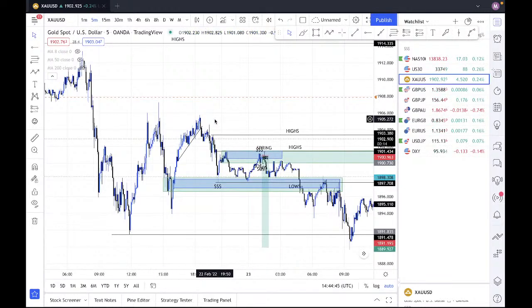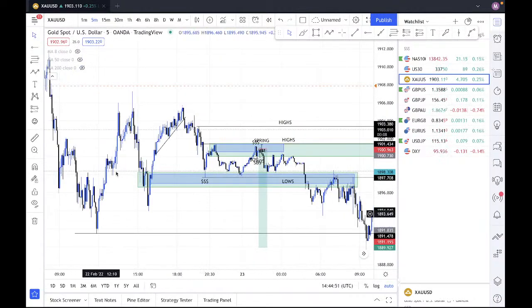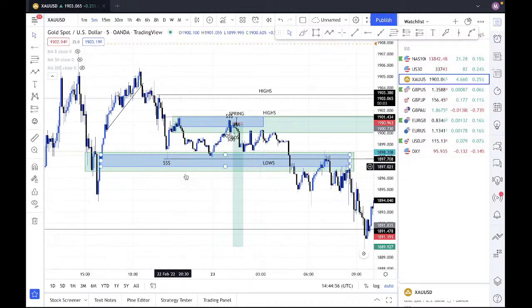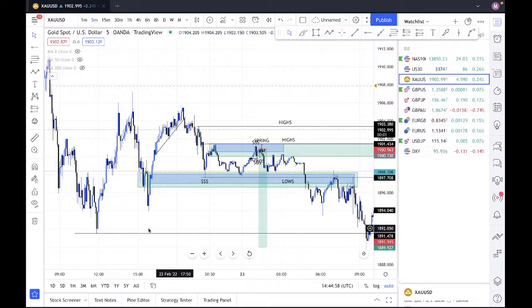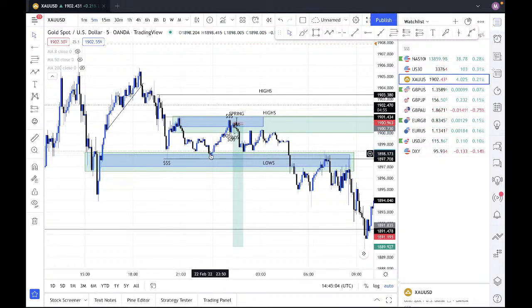So all I did was mark out my key areas that I was looking for. We're looking for price to come and break these lows to continue down. So we've seen this area of interest is coming down, push back up, coming down, not broke these lows yet.